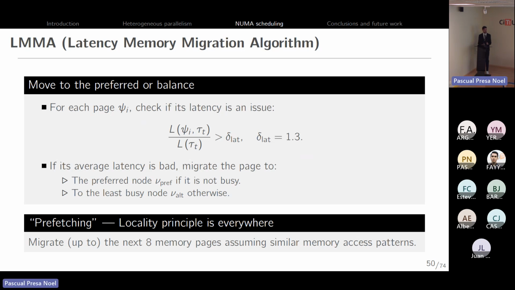Again, we have here the locality principle in mind, because we migrate up to the next 8 memory pages, assuming that they will have similar memory patterns, emulating how cache memories work.